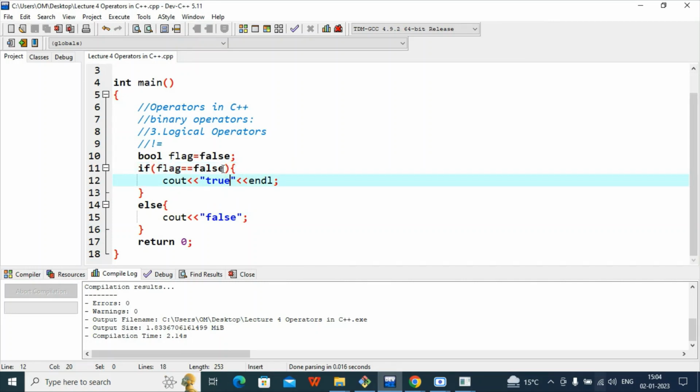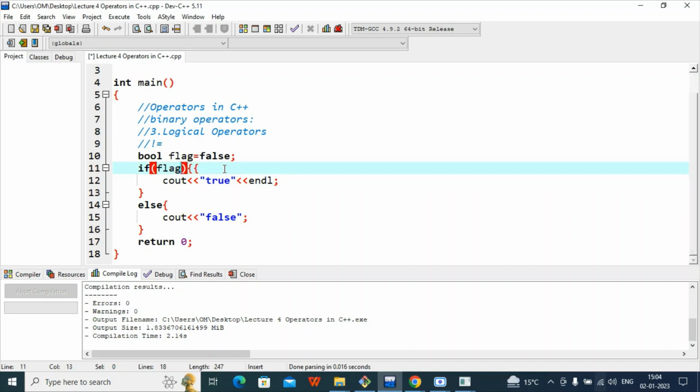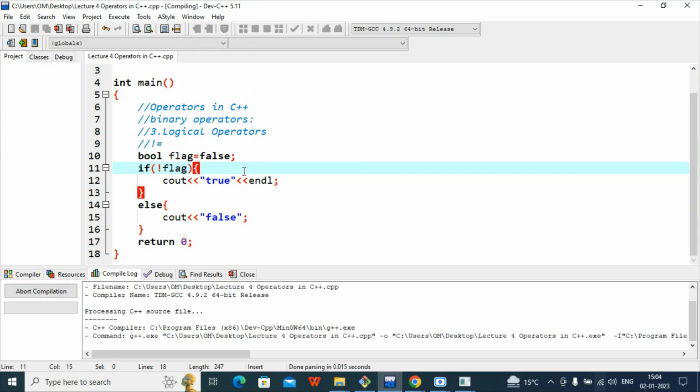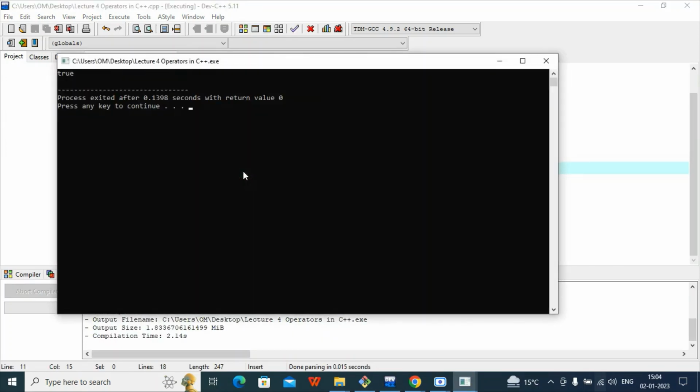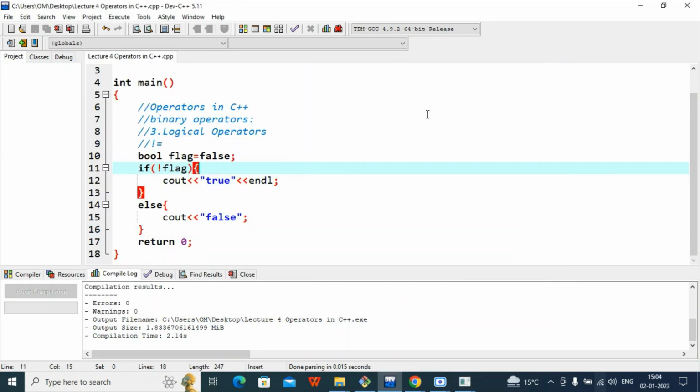Then again, don't check if flag equal to false. If you want to check that something is not happening, then simply put a not, an exclamation mark, in front of this flag. It will give you true only because your flag is false.